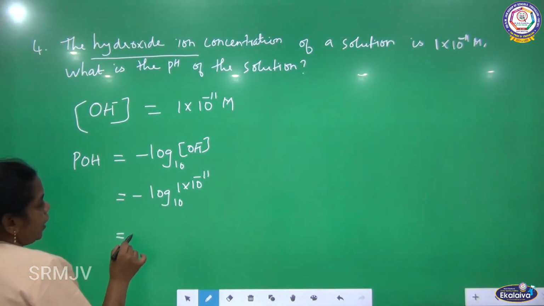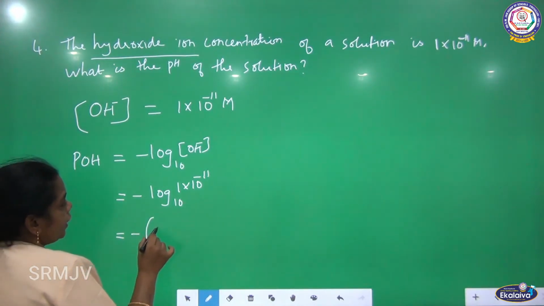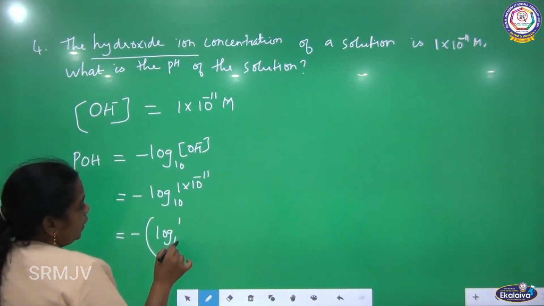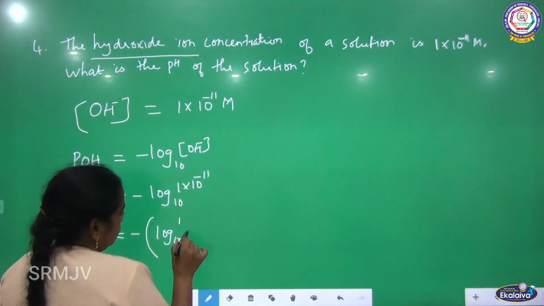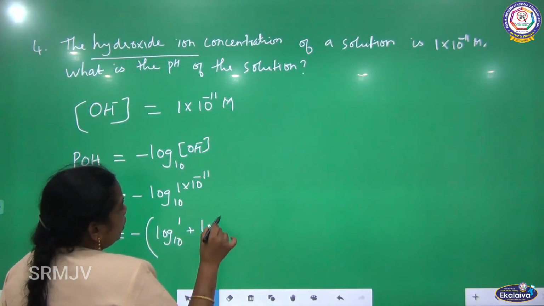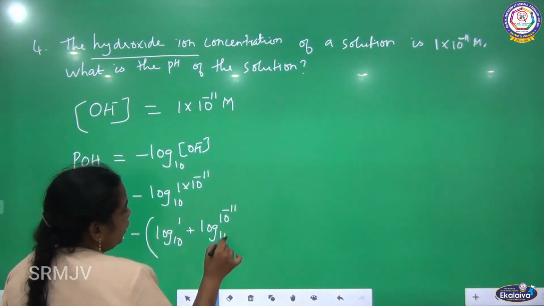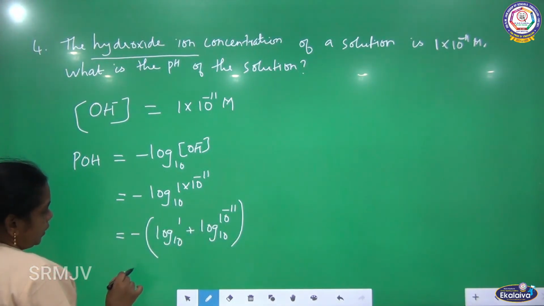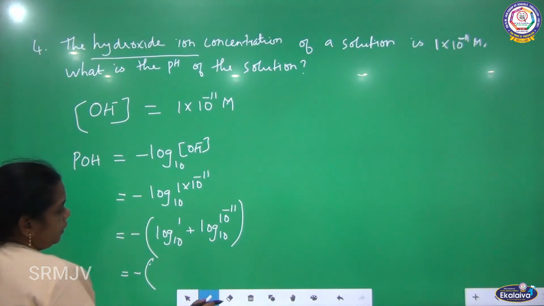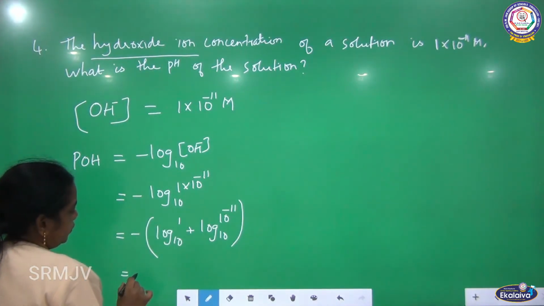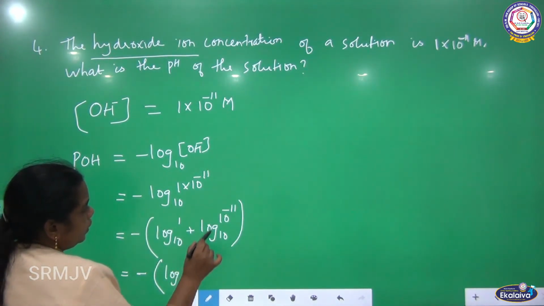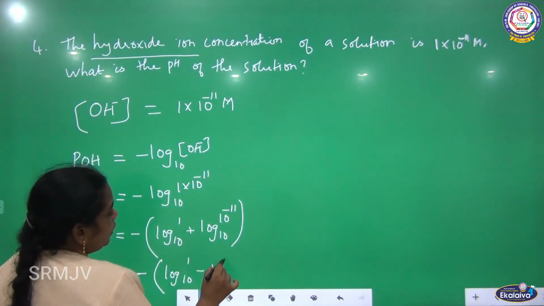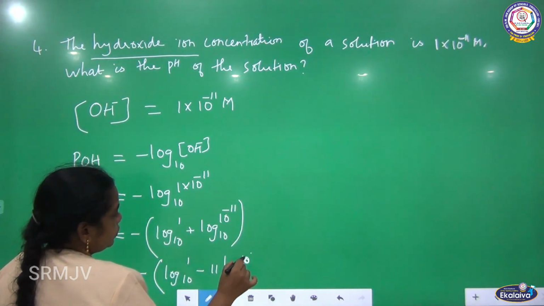Again this can be rewritten. You have to take the negative sign outside, log 1 to the base 10 and then plus log 10 to the power minus 11 to the base 10. And next step, you bring the power to the product. Minus, take the minus sign outside, log 1 to the base 10 plus minus 11 into log 10 to the base 10.